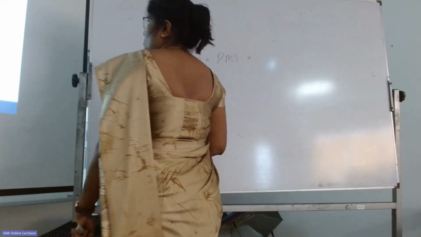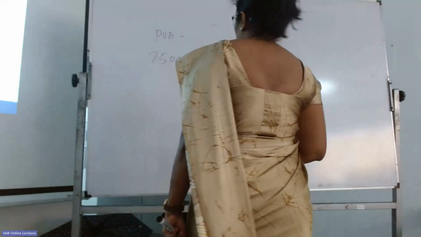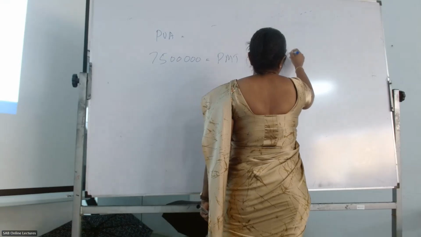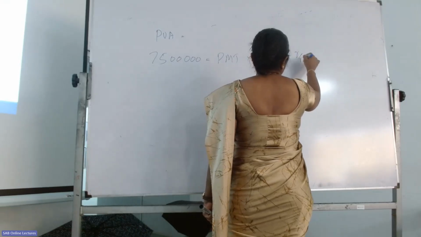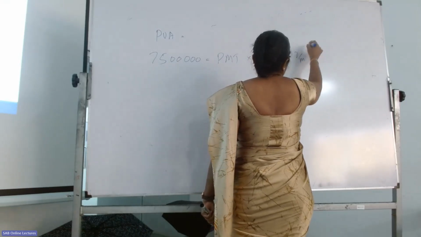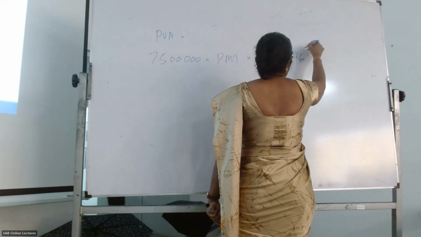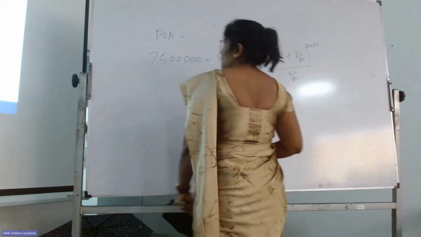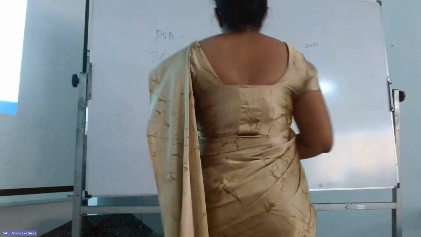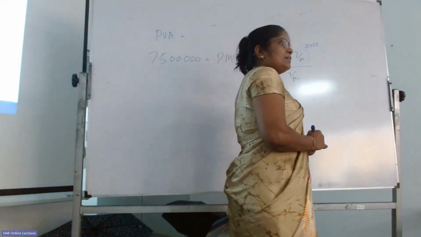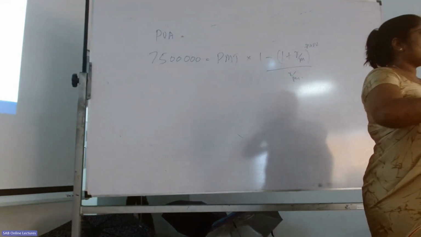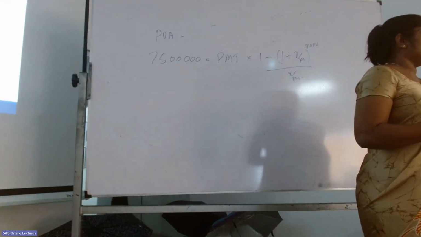Interest is 24% per annum, compounded monthly, so 1 minus (1 plus R divided by M) to the power minus M, divided by R divided by M. The first installment is due on the day of purchase, so it has to be paid immediately.